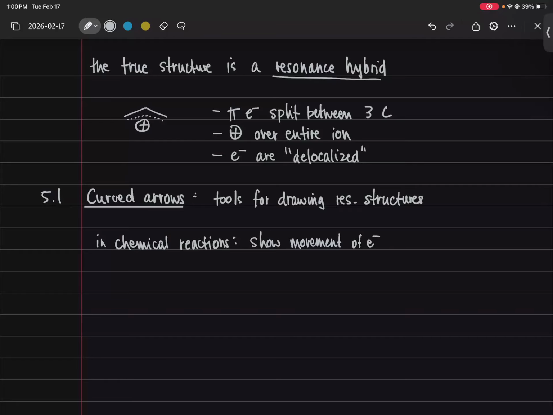It's kind of like a roadmap is what curved arrows show when we're talking about reactions. But in resonance structures, these are only going to be a bookkeeping device.